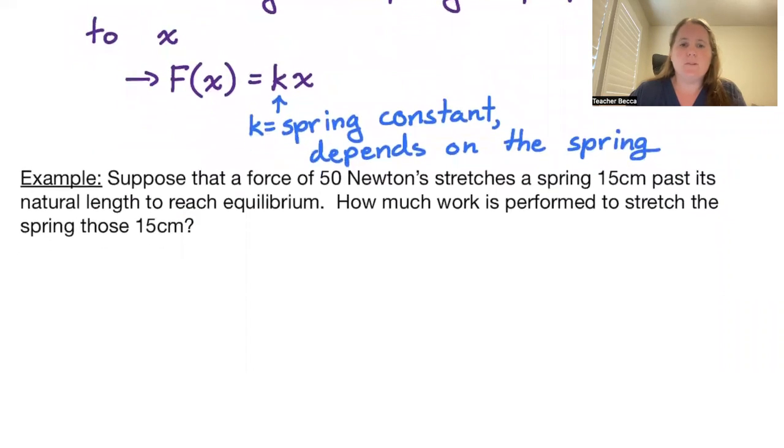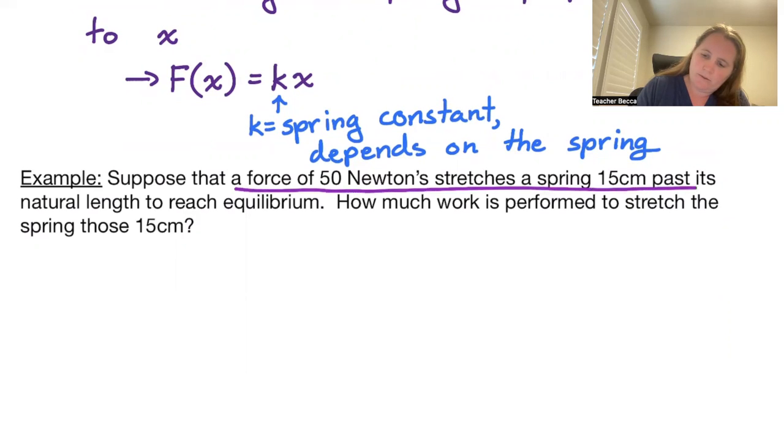So for example, let's suppose that a force of 50 newtons stretches a spring 15 centimeters past its natural length to reach equilibrium. So let's start just with this first line. A force of 50 newtons stretches the spring 15 centimeters past its natural length.